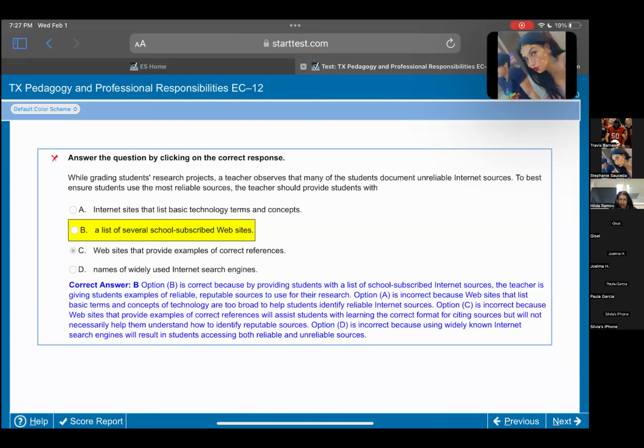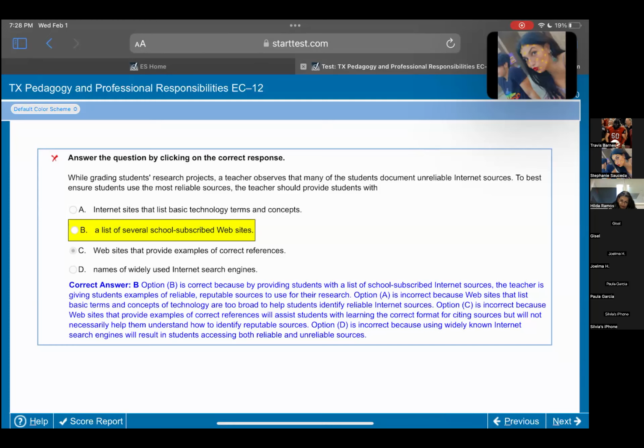And so that is the safest bet for them, a list. And every district has a list, a database. Your librarian can help you with it, the technology person, but a database of resources that students can use so that they're not fishing in the internet for unreliable sources.